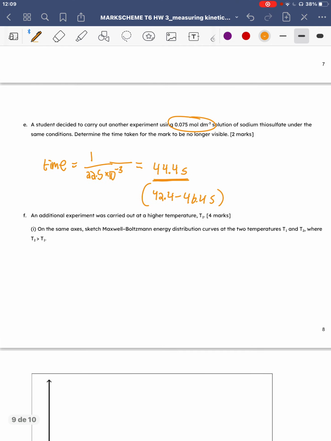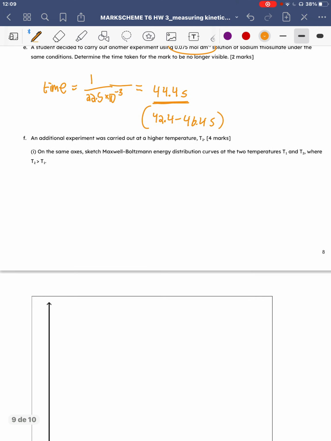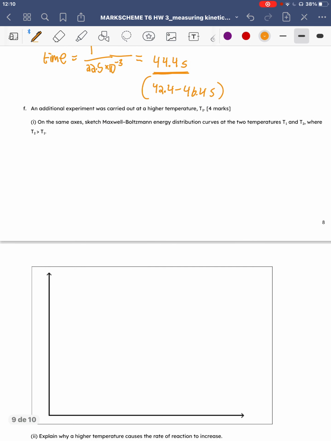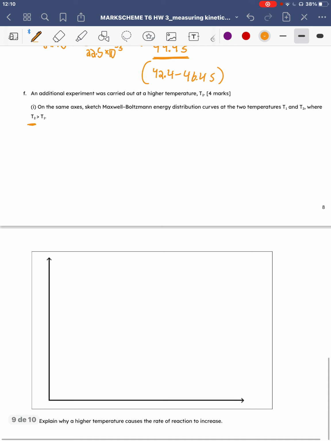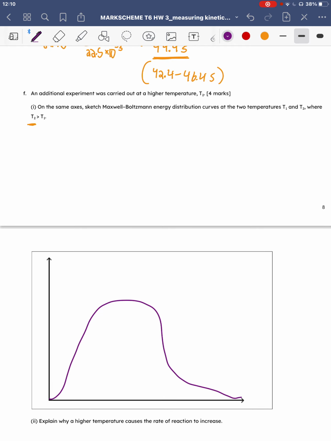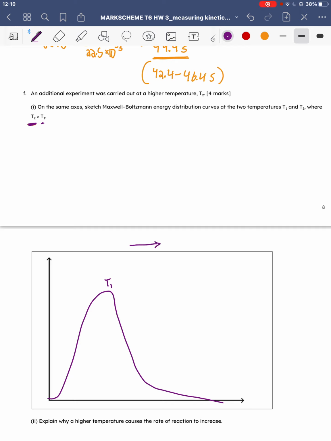F, this is Maxwell-Boltzmann. This is exactly what we practiced in class. So now you have another temperature, and the second temperature is higher. So I'm going to start with a normal Maxwell-Boltzmann that looks something like that. Usually it has a nicer peak than that. Kind of hard to draw sometimes, but something like that. And then for higher temperature, what we saw in class was that the peak moves right and also gets more shallow.